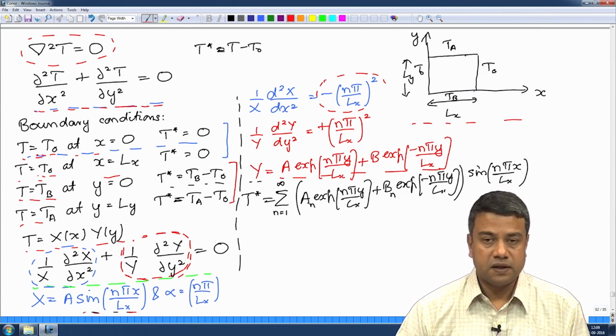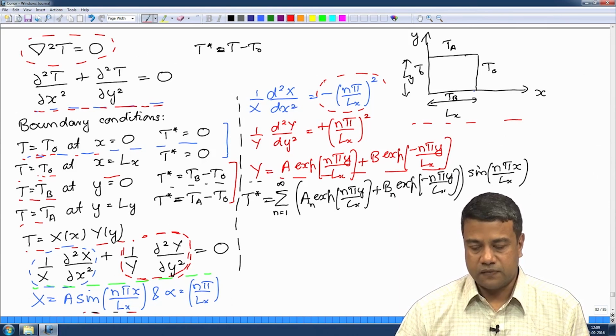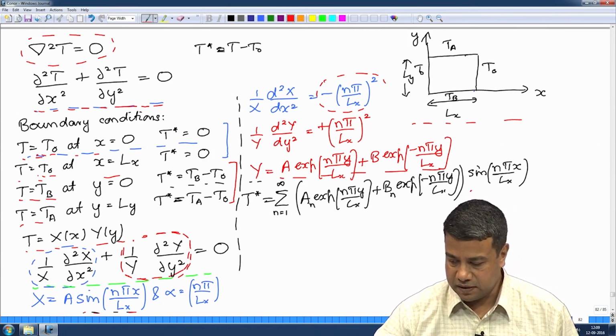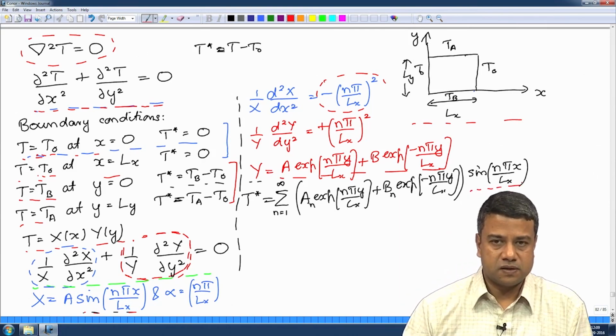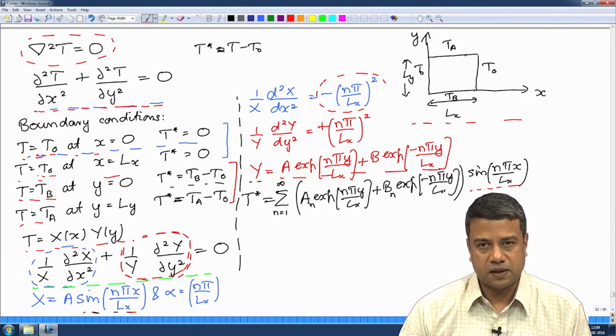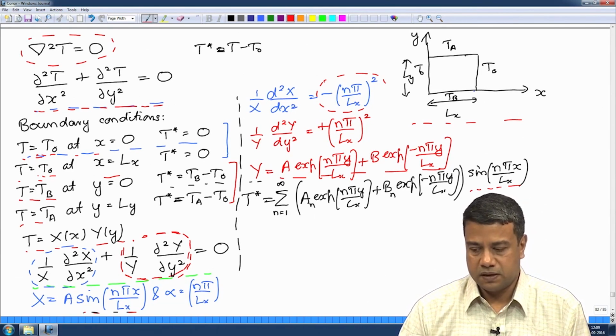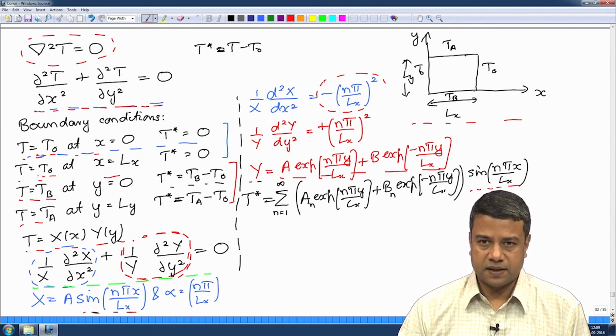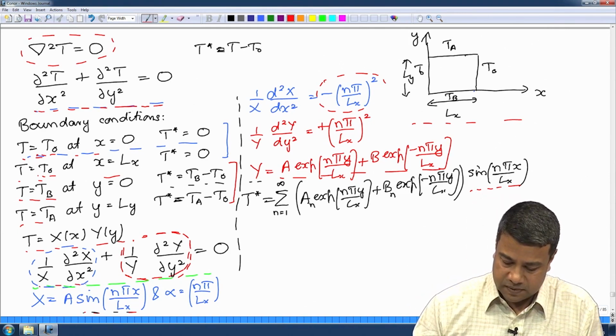If it is negative, then I get sinusoidally oscillating functions which go through 0 multiple times, and therefore, I can get a sine function which ensures that the solution is 0 both at 0 and Lx. Since it is negative for the x direction, it has to be positive and of equal magnitude in the y direction, so that the sum of these two terms is equal to 0.